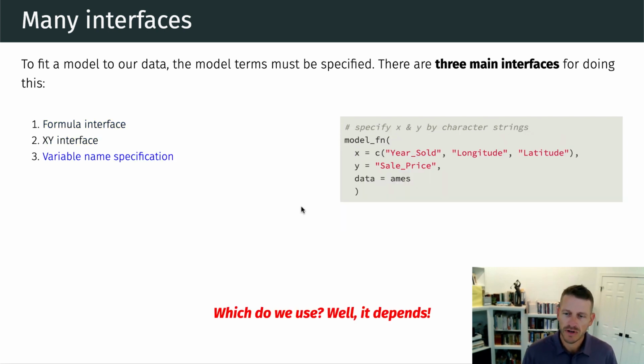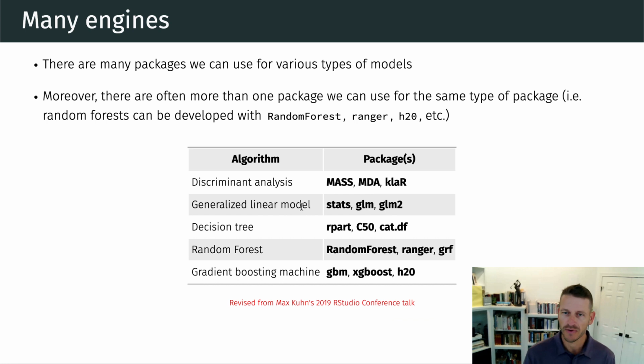All right, now here's the thing. Which one do we use? Well, I just said we're going to use the formula interface quite a bit. But historically, the one that we choose to use depends on the package that we're going to use to apply some model. Like I said, there are many different packages within R to apply different types of algorithms, and in fact, there are multiple packages that we can use to apply the same type of algorithm.